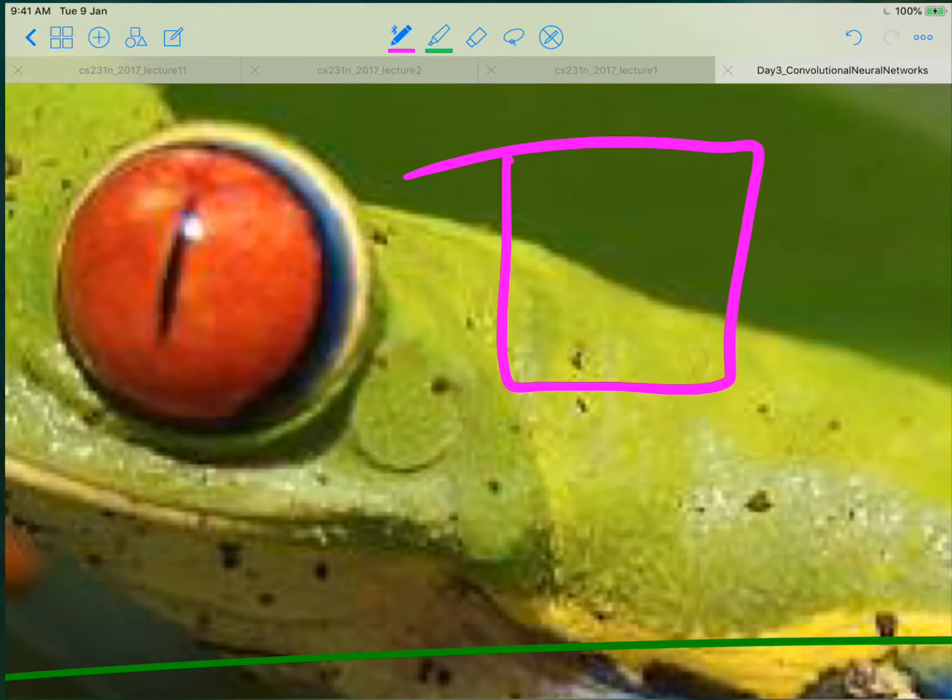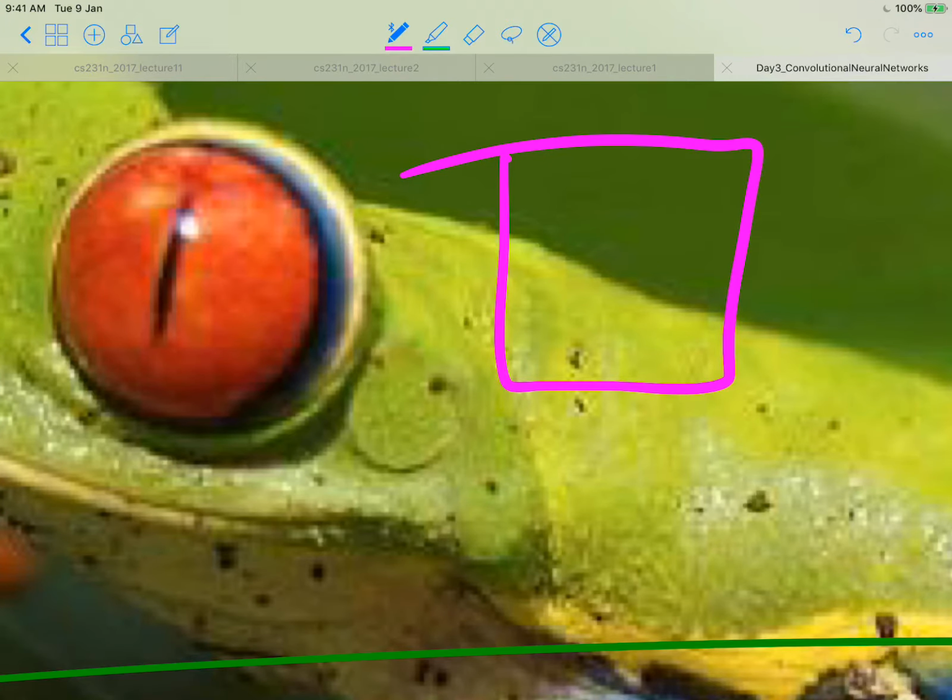If we imagine a mountain shape, and the mountain is really high over here, because it's brighter in the upper part and then it suddenly gets dark, then at this center, what would be the corresponding gradient? Would it be this direction or that direction? It will be this direction.